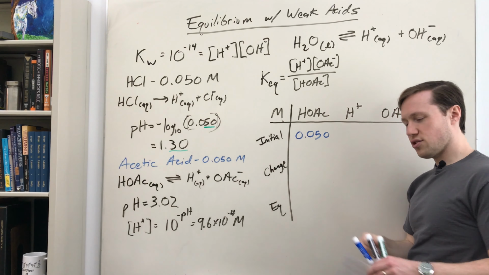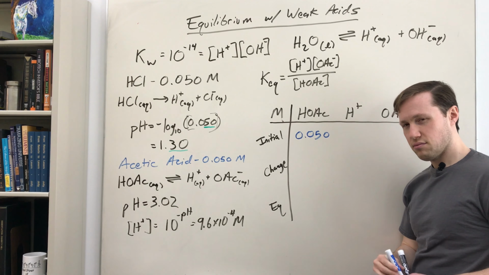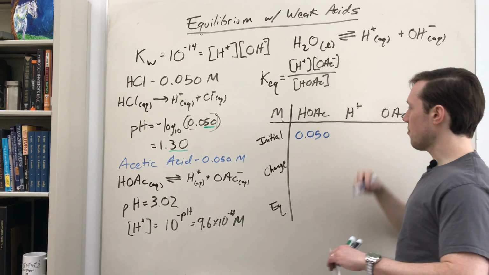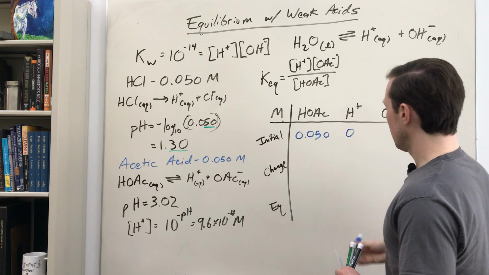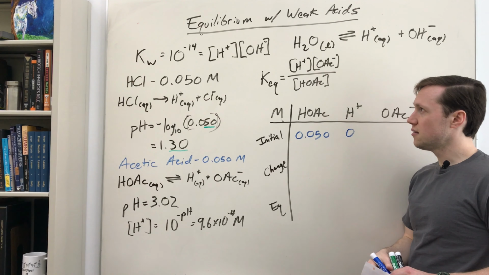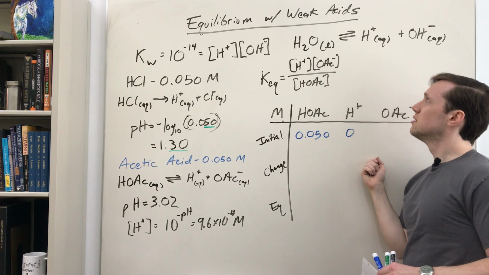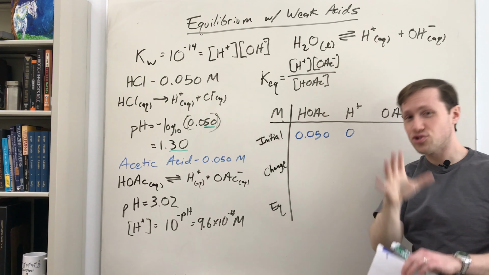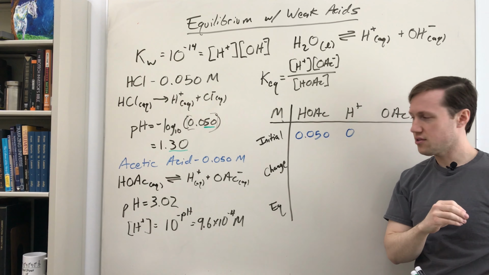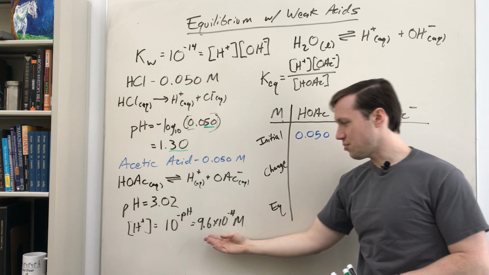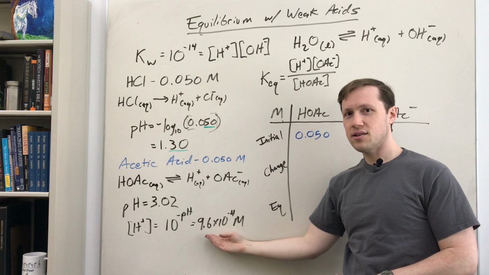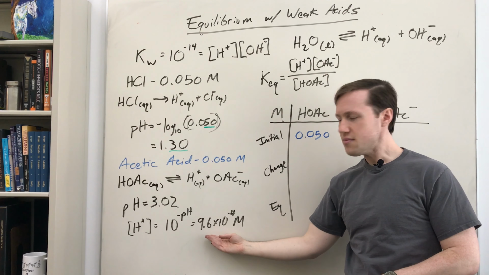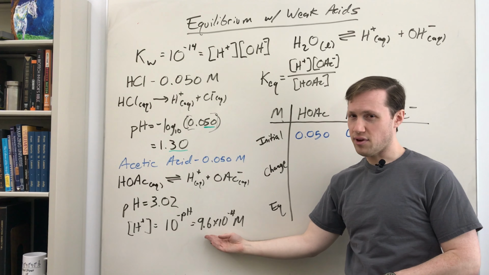We're also going to initially say that our amount of H plus is 0. But wait, you might be saying, didn't you just tell us that water autoionizes? And that's true. But in this case, we know that the amount of H plus we're making is 10 to the negative 4 molar, almost 10 to the negative 3.